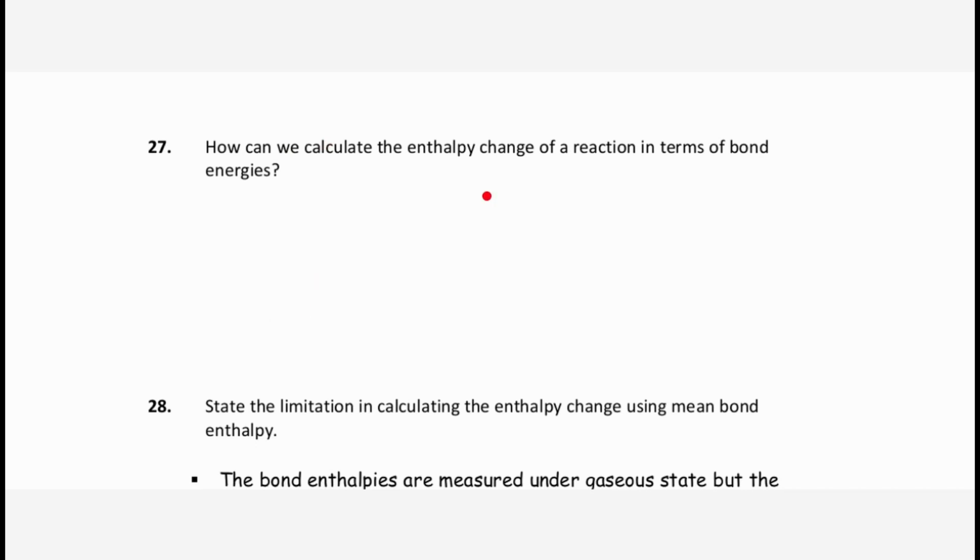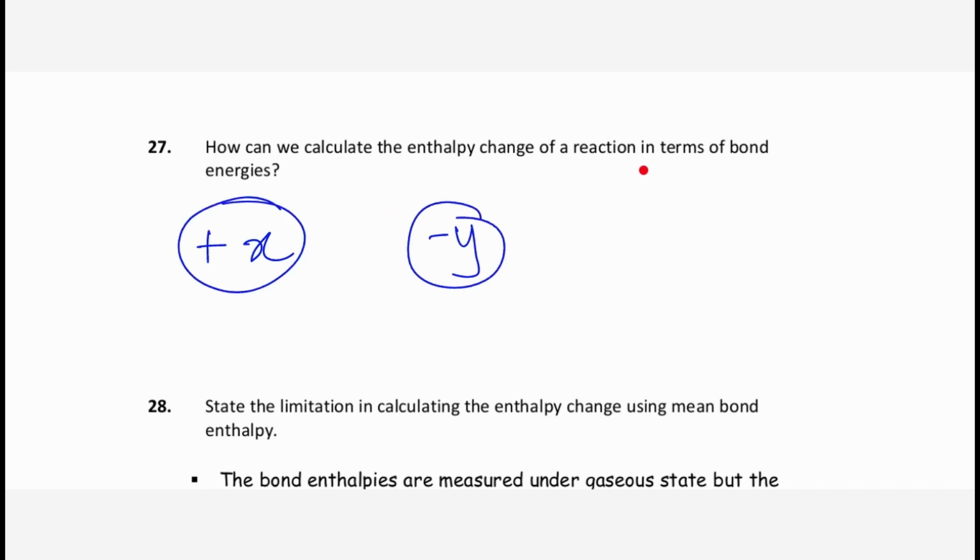Now, when you're doing this, all you do is, first of all, calculate the energy required to break all the bonds, which is endothermic. Likewise, you calculate the energy released when the bonds are made, which is negative, exothermic.